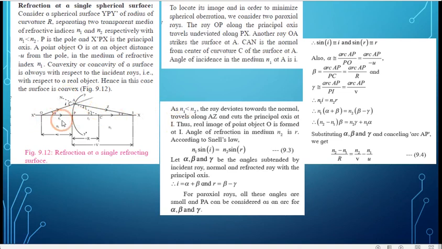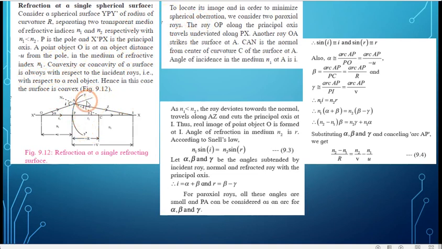Object is O, which is placed at distance u, but it is towards the left side, so the object distance will be minus u from the pole point. Convexity or concavity of a surface is always with respect to the incident rays, with respect to the real object. Hence, in this case, the surface is a convex surface.